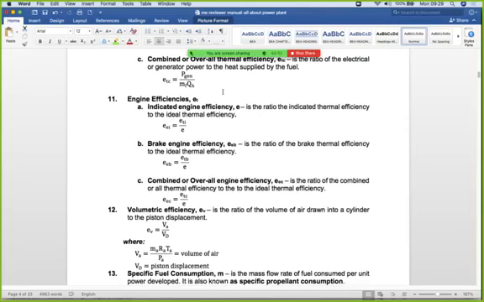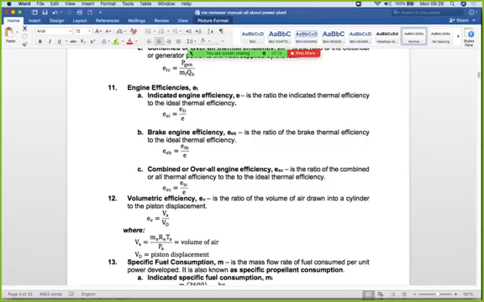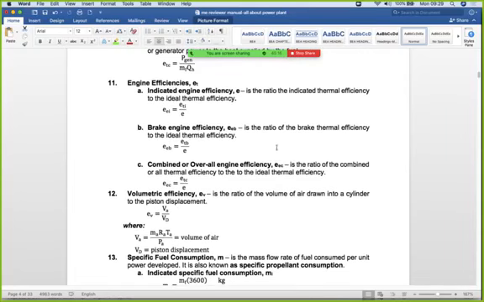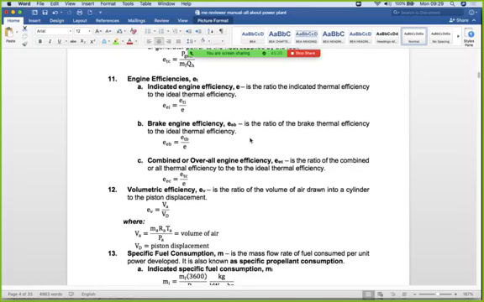So we have also the engine efficiency. Engine efficiency is the ratio of the indicated thermal efficiency to the ideal thermal efficiency. You have also the brake engine efficiency is the ratio between the brake thermal efficiency to the ideal.